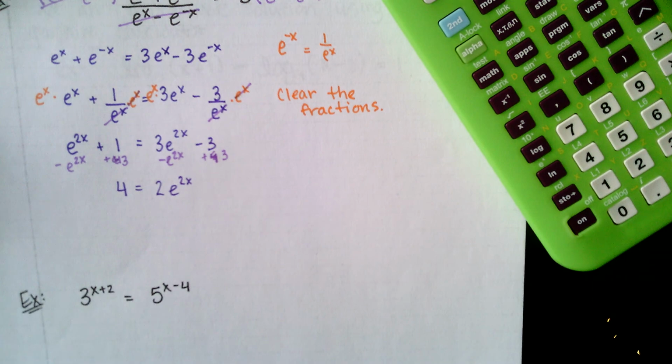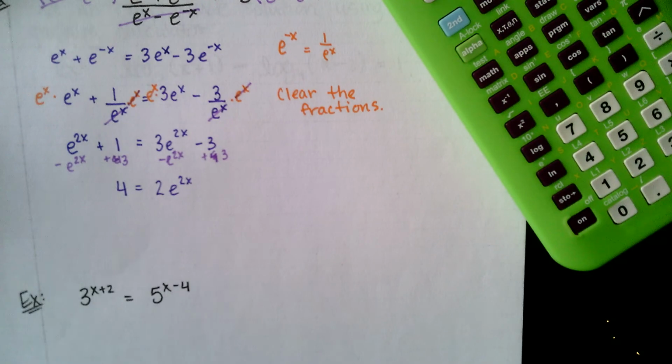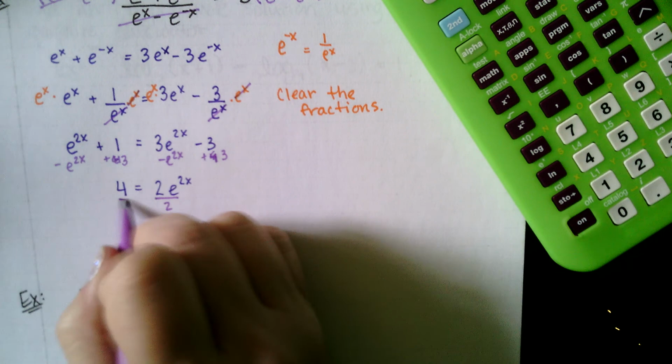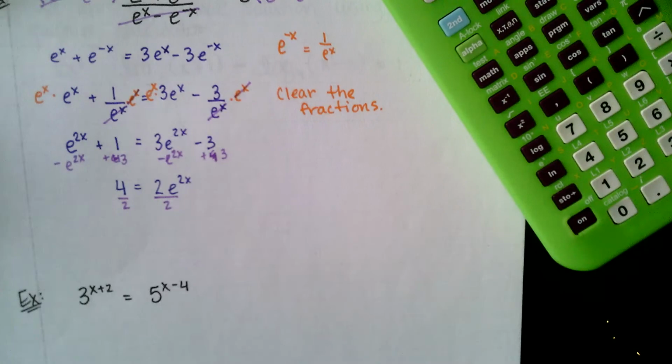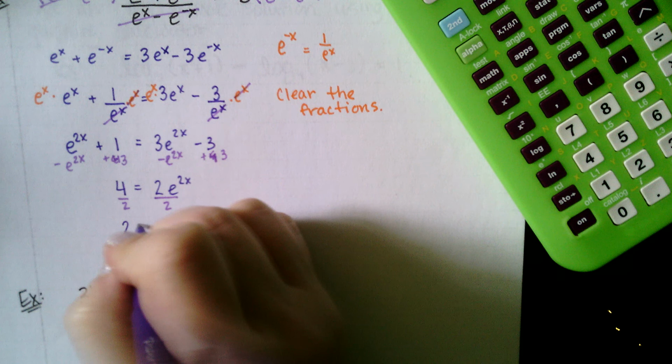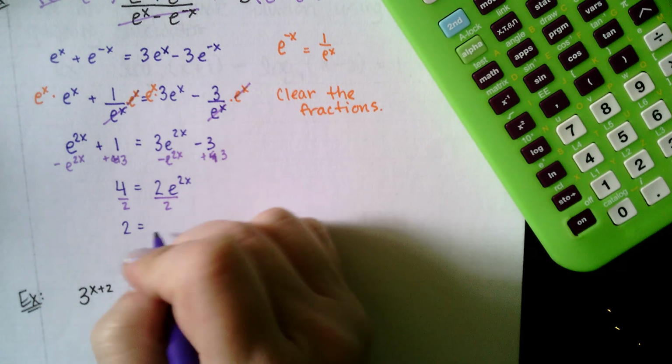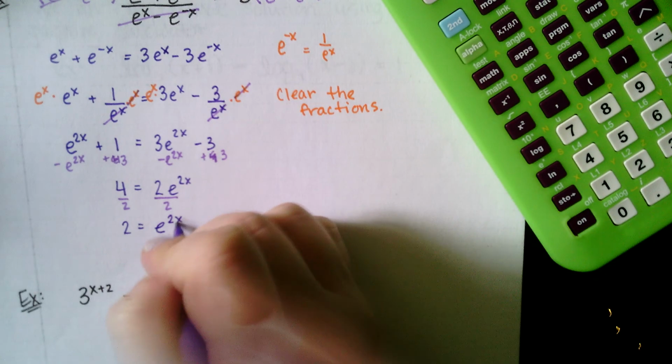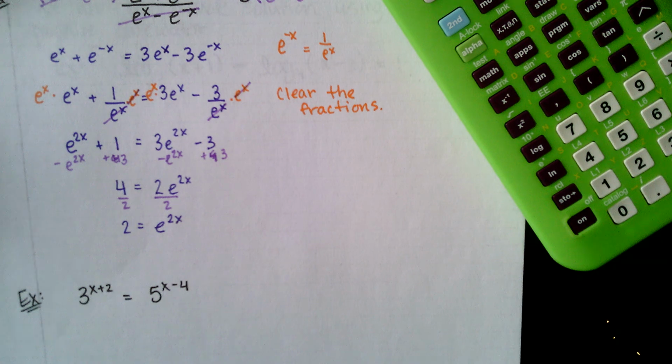And we're almost at that variables in exponents. But we're also almost to where we can go ahead and convert. But first I'm going to need to divide both sides by 2 so that I have my base isolated. So 2 equals e to the 2x. Now from here I can either take the natural log of both sides, or I can convert to exponential form.